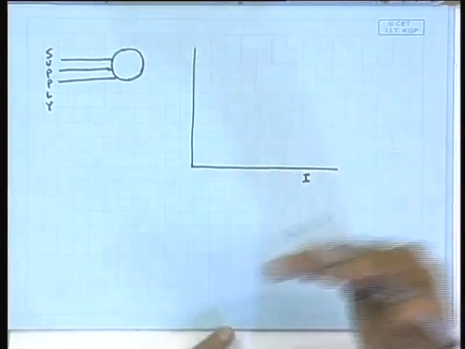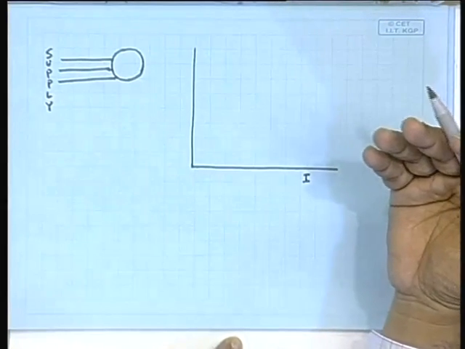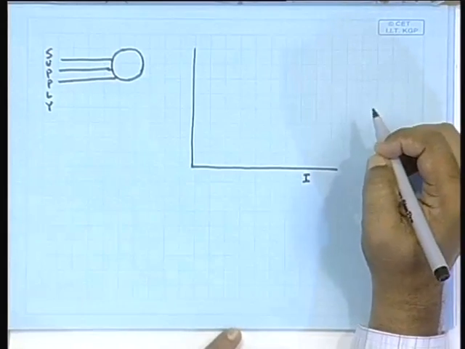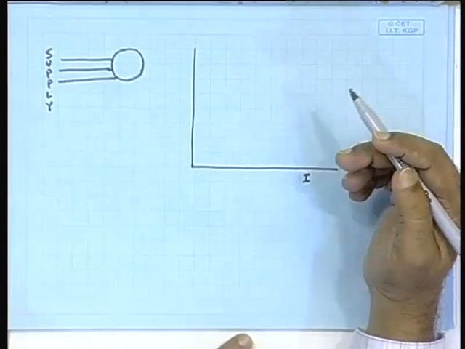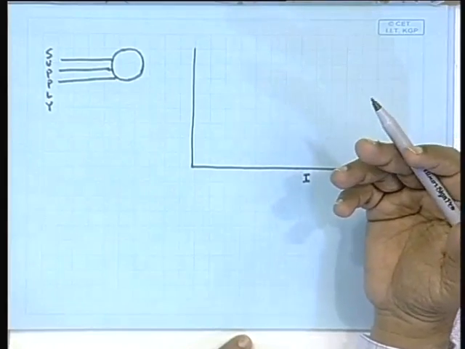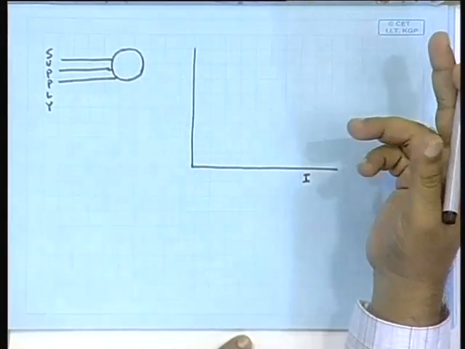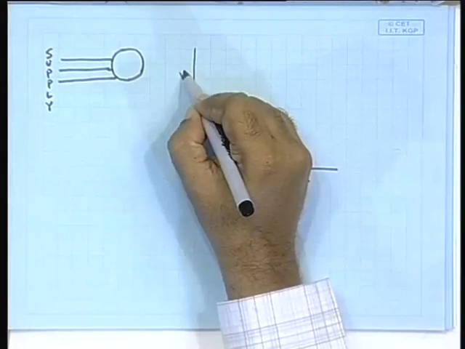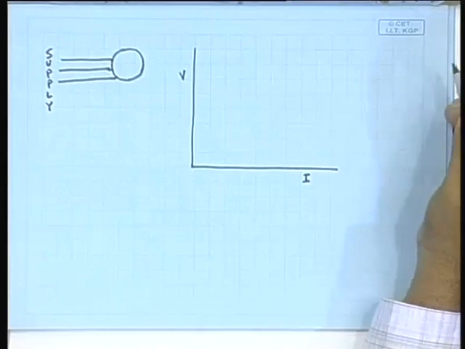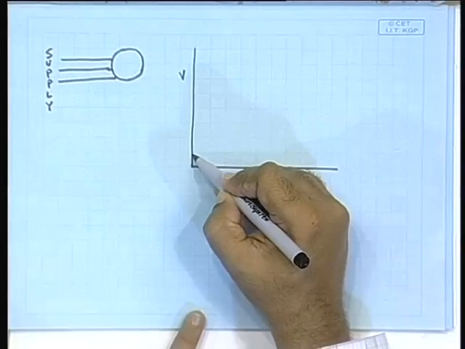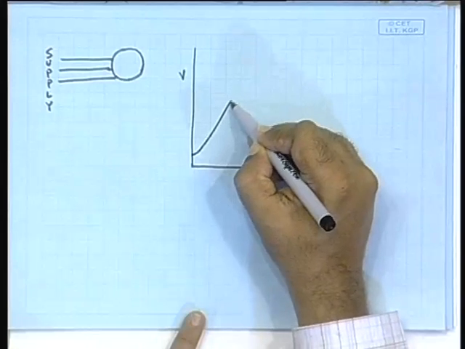Because we are trying to obtain something similar to the BH characteristics of the magnetizing part, and in the BH characteristics, the H is the ampere turns, so the current has to be in the x axis, and B will be proportional to the voltage induced, and so the voltage will be in the y axis. So, if you do the test, you will get the open circuit characteristics something like this.